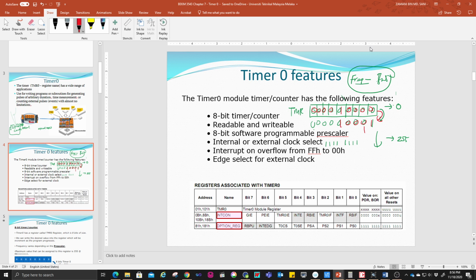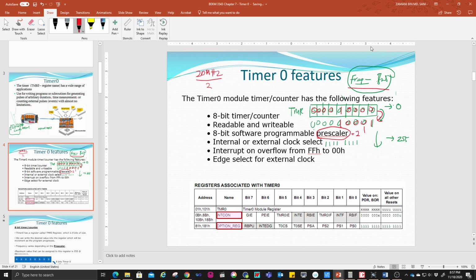Next is the 8-bit software programmable prescaler. So what is a prescaler? This is a new thing for you. The prescaler can divide the frequency that we have. For example, if you have a frequency of up to 20 megahertz and the prescaler value is maybe 2, it means you are going to divide the clock by 2.